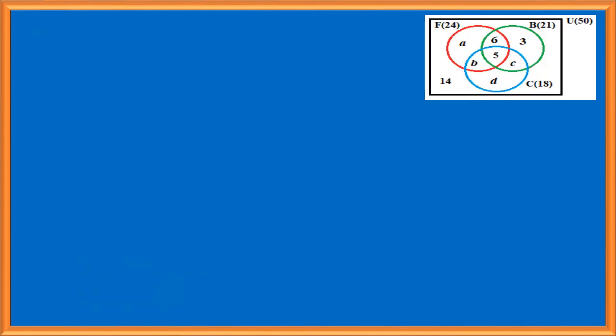So considering the Venn diagram, looking at the green circle here, we can have C plus 5 plus 3 plus 6, and that will be equal to 21. This means we'll have C plus 14 equal 21, and C will be 21 minus 14, that gives us 7. So the value of C will be 7.